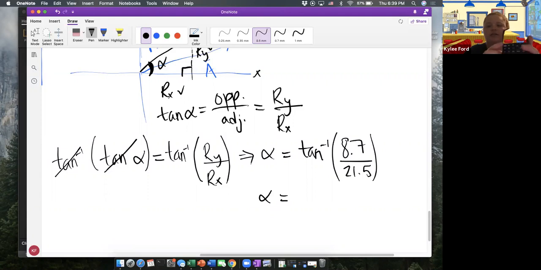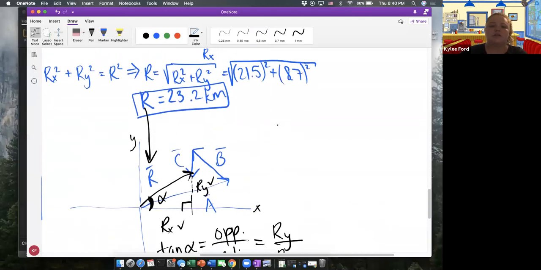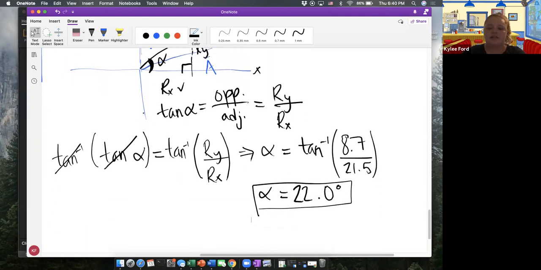You'll just have to push the second button first. So second tangent, and then plug in our numbers: 8.7 divided by 21.5. And we get our angle as 22.0 degrees. So now there's our magnitude and direction, and that describes our vector.